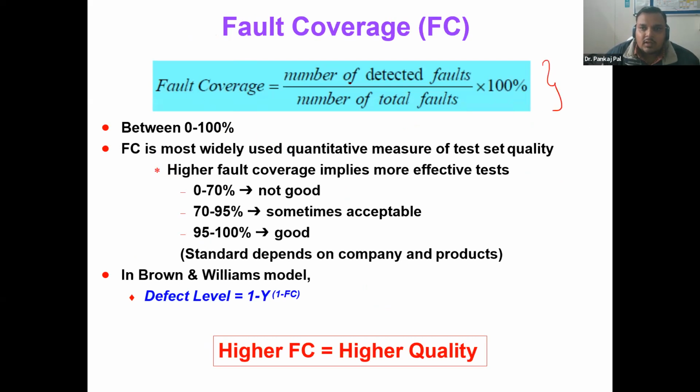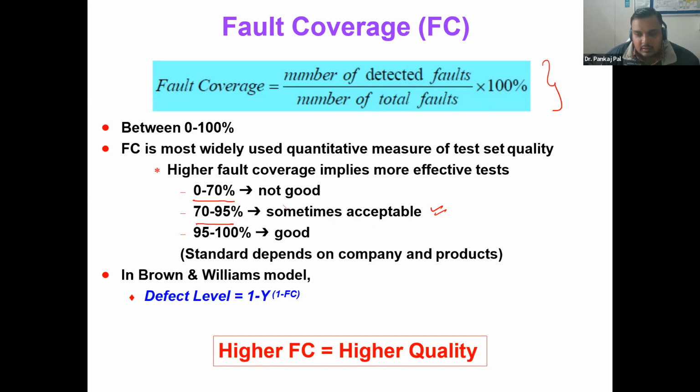Fault coverage is the number of detected faults upon the total number of faults, as a percentage. If your IC has 0 to 70% fault coverage, it is not good. That is why I told you that if you are able to detect 70 to 90% of faults, that is sometimes acceptable. And it actually depends on the standard of a company.